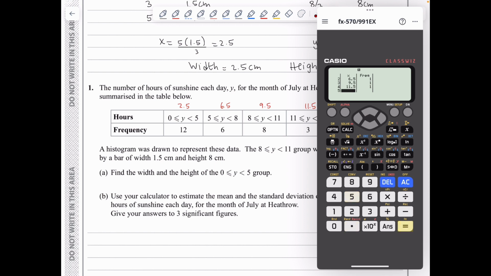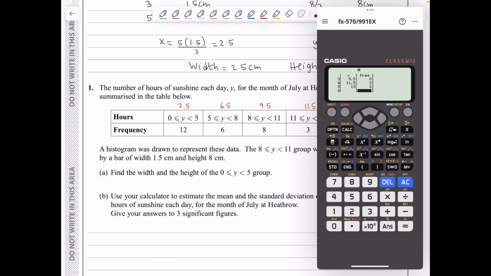So I'm just inputting the midpoints, and then I go to the right and up to input all the corresponding frequencies. We have 12, then it's 6, then it's 8, then it's 3, and finally it's 2.